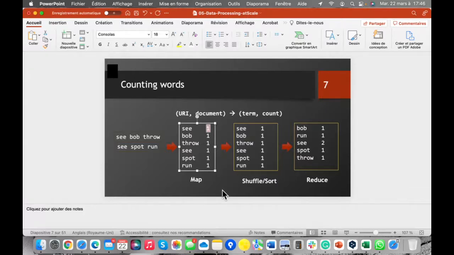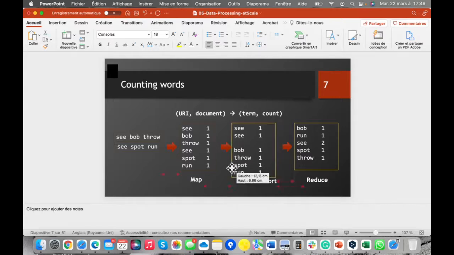Then the shuffle part would be to put all the tuples with the same key together. So we have C, we have throw, and that's it. That would be the shuffling part.